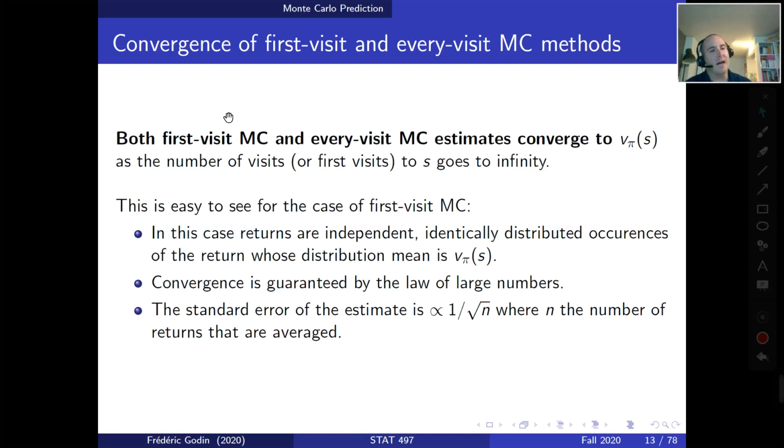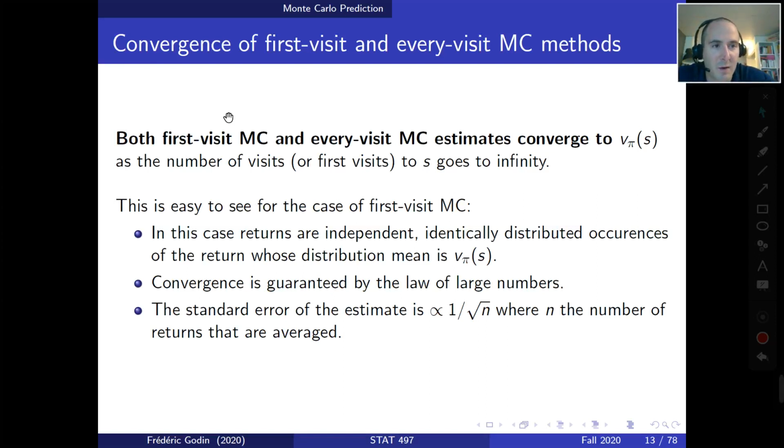So because of that, at every first visit across the paths, the returns you obtain are independent because all the paths are generated in an independent fashion. So for this reason, the returns associated with each first visit to S are identically distributed, but also independent because the various paths are simulated independently.